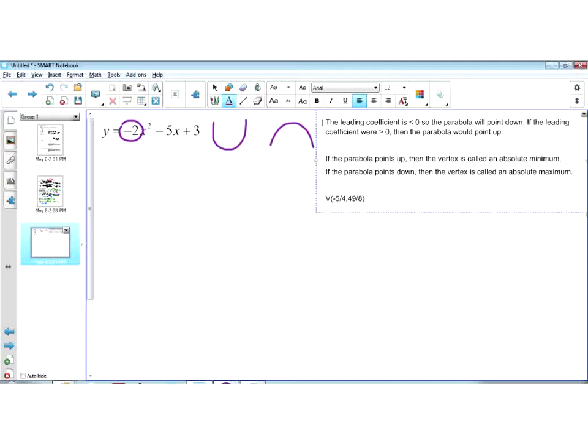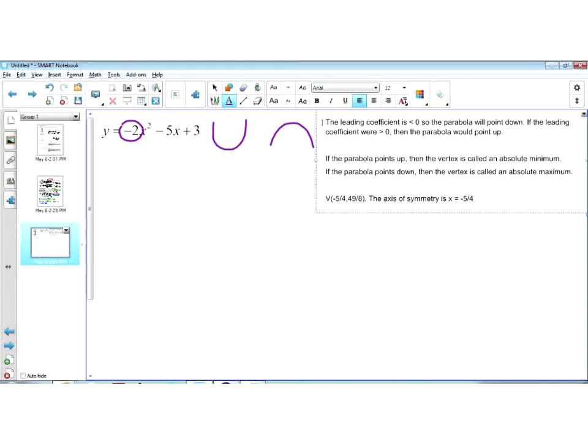The axis of symmetry is x equals -5/4. This is a vertical line where both branches of the parabola are reflected about it, and we'll see it as we draw the graph.